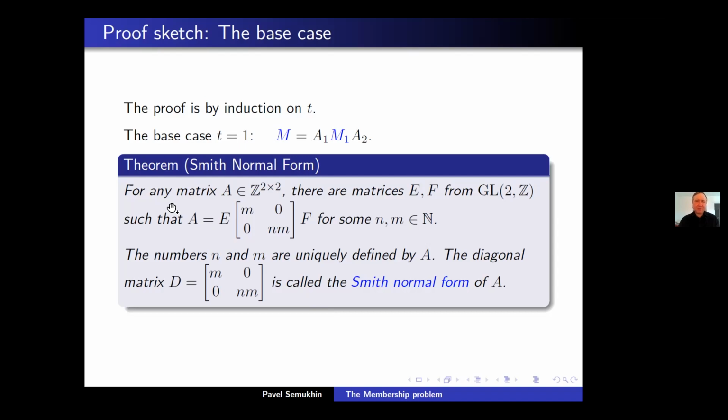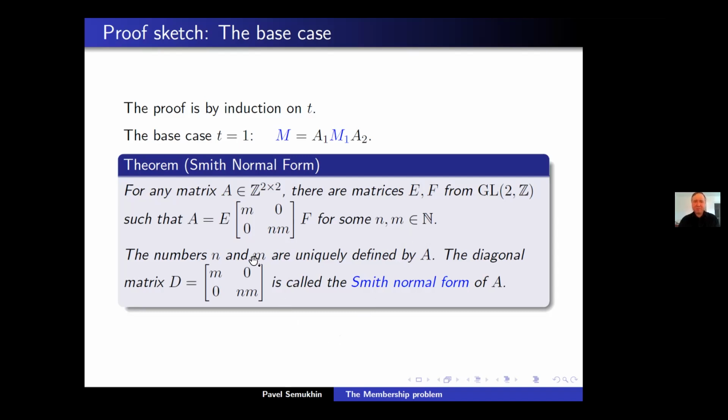It states that for any 2x2 integer matrix A, there are matrices E and F from GL2(Z), meaning that E and F have determinant plus or minus 1, such that matrix A can be written as E times the diagonal matrix with entries n and m, times F, where n and m are natural numbers.